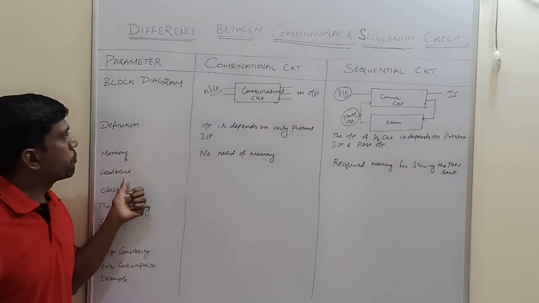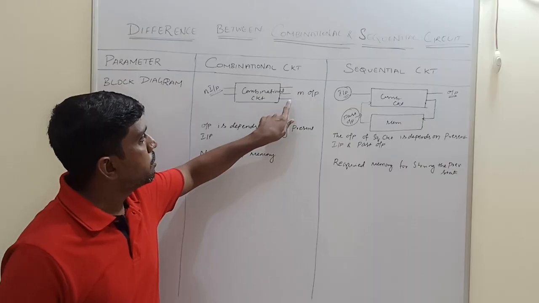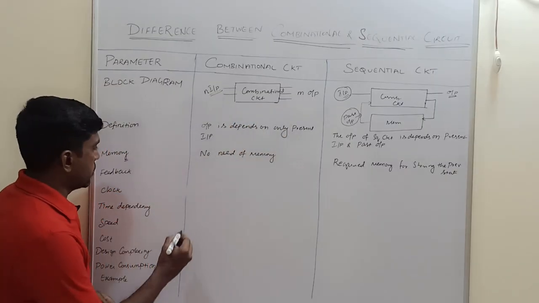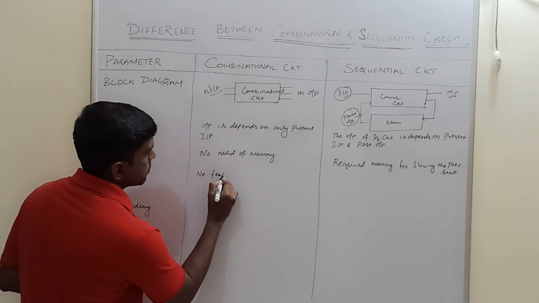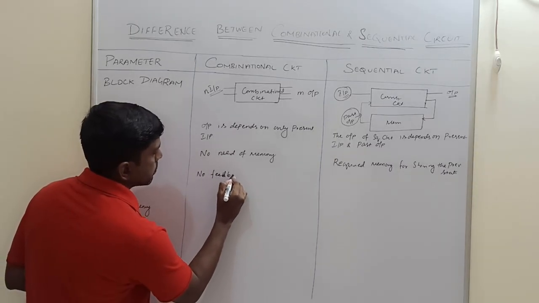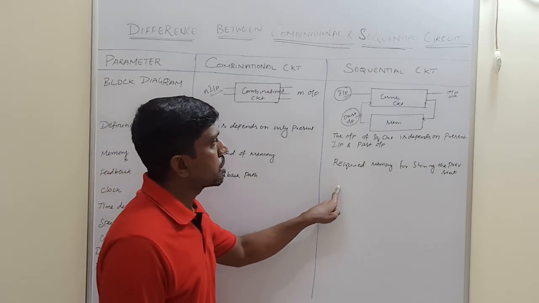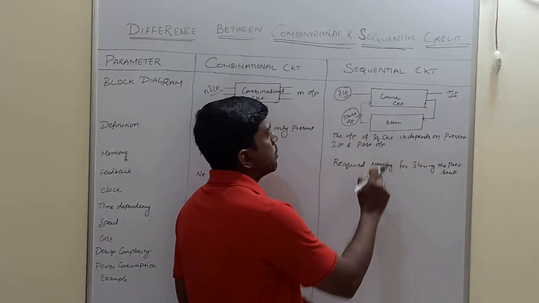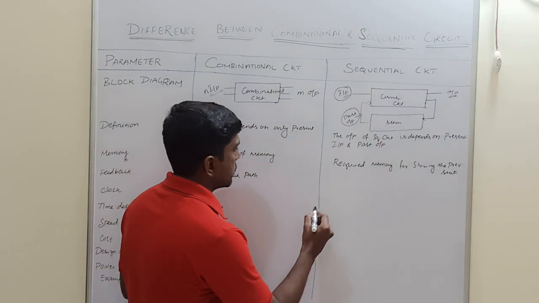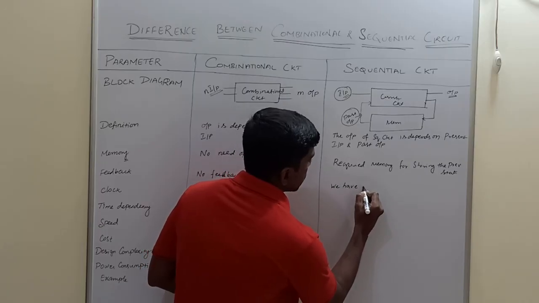Next one, feedback. In the combinational circuit, there is no feedback path between the output and input. But in the sequential circuit, we have a feedback path between output and input through the memory.